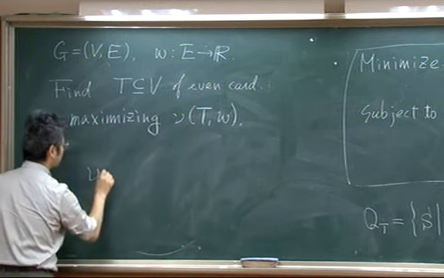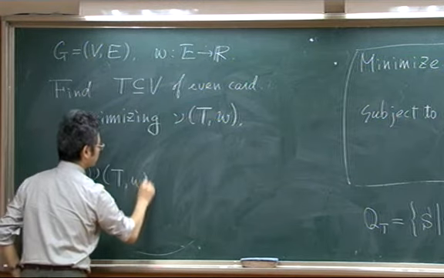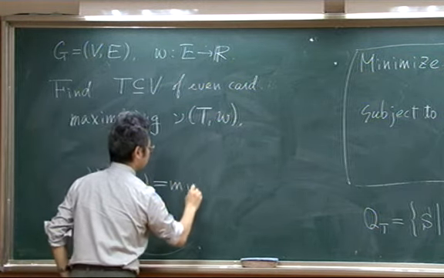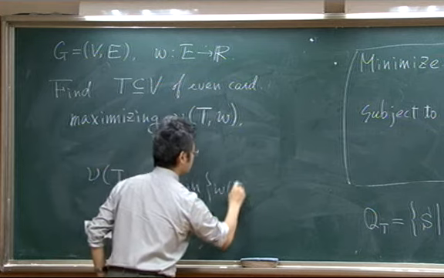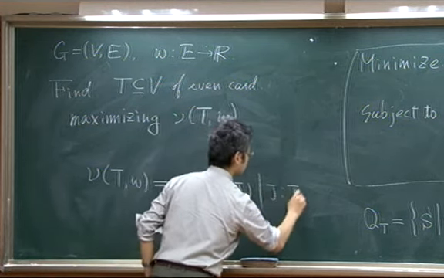As I wrote before, nu_T(W) is the minimum of W(J), where J is a T-join.